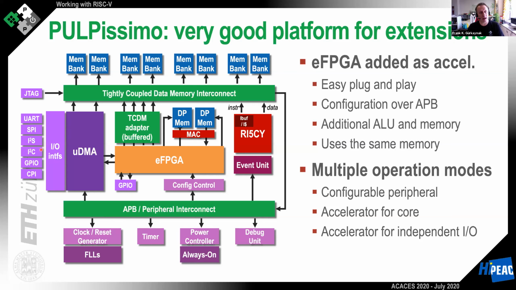Or it can be an accelerator for the I/O while the DMA is copying from the inputs or to the outputs to the memory. It can move them through the eFPGA and perform various operations like scaling, filtering, or generating histograms, which can then later be used for accelerating the process that the processor normally has to do.